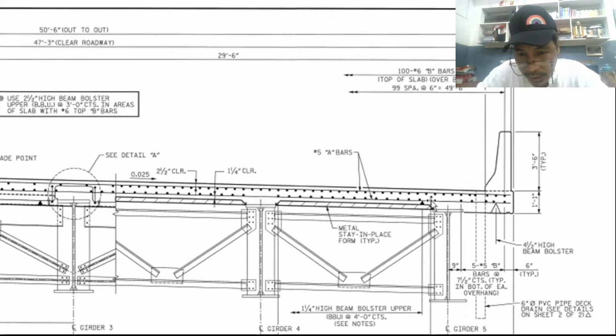Notice that there is no reinforcement bar at the bottom, exactly on or above the girder. There is no reinforcement at the bottom. The reinforcement is at the top.